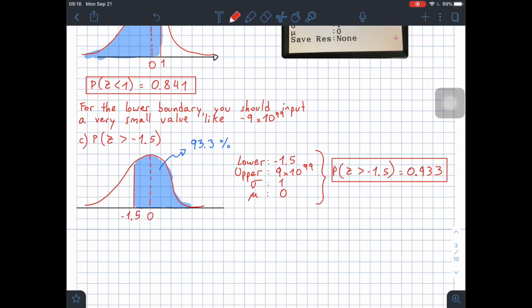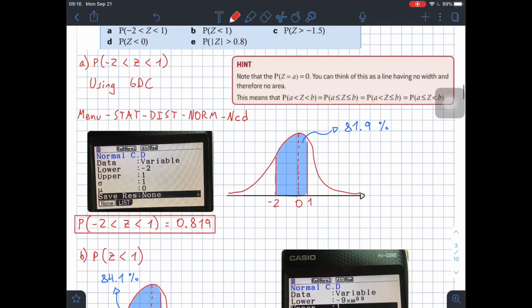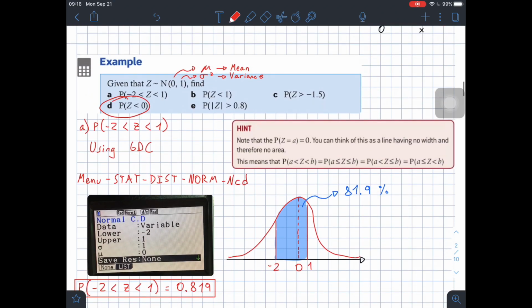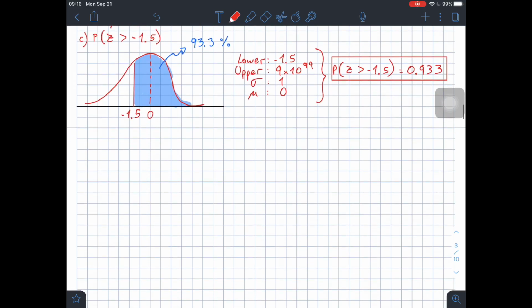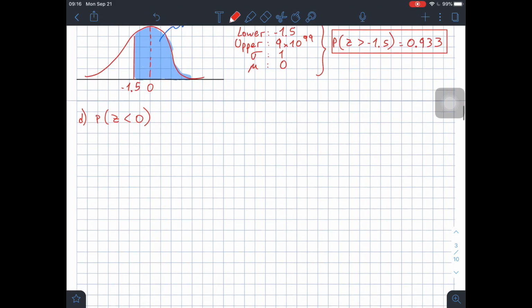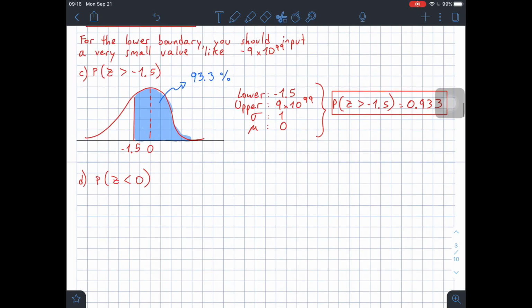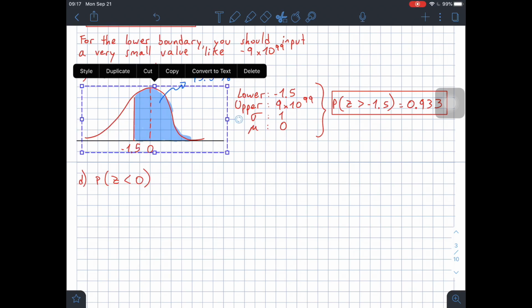Okay, then we move on to exercise D. For exercise D, we have probability of C being less than 0. Okay, this is interesting. We want to find the probability of C being less than 0. If you understand what we're doing here, you should automatically know the answer for this already. If you take a look at the normal distribution, we're going to copy this.